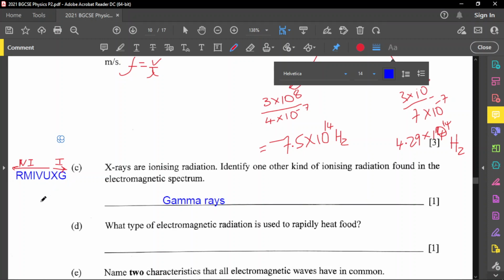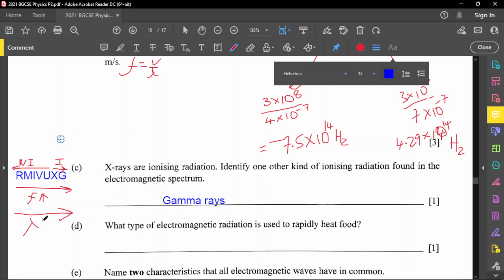I also need you to know the relationship here: going from radio waves all the way down, we have an increase in frequency, and a decrease in wavelength.